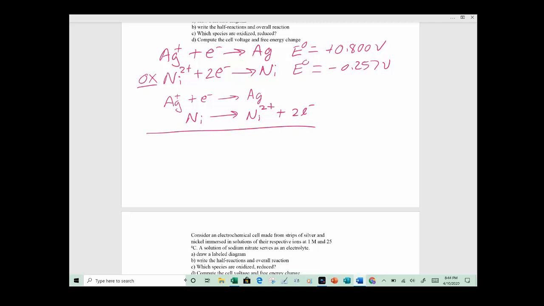we need to add these up, but we notice that the number of electrons lost and gained are not balanced. We have 1 electron gained and 2 lost. To make them equal, we'll multiply the first equation through by a 2. Now we have 2 electrons gained and 2 lost. They cancel out. We can add up.